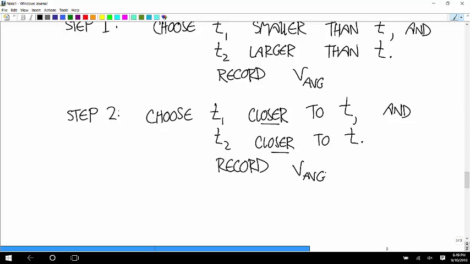And then these steps go on, really they go on infinitely many times. So this is not a good way to calculate this exactly, but that's the idea.